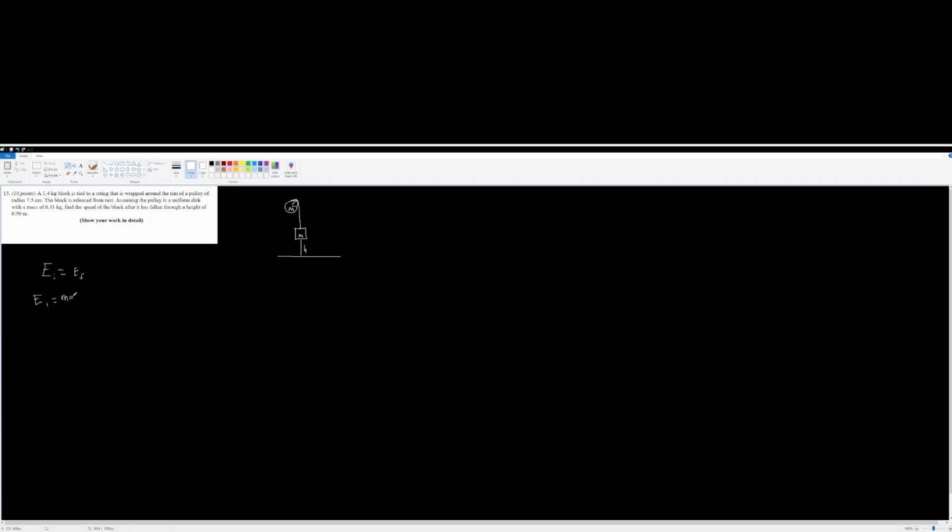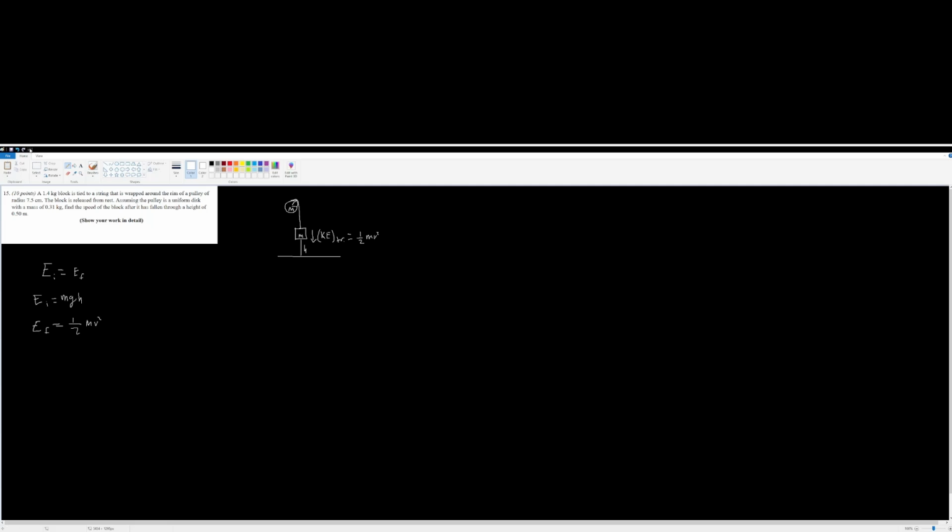So we have mgh here, m being the mass of the block. And then the final energy: this block is going to move down, and that's going to give us some translational kinetic energy, which always equals 1/2 times the mass of the object times the velocity squared. So we have that component.